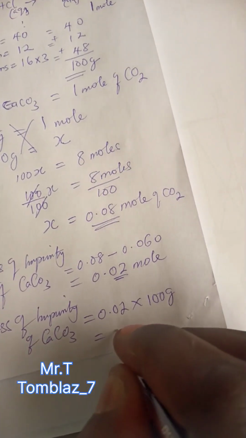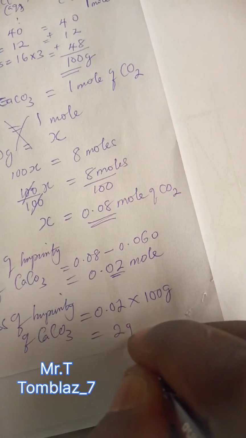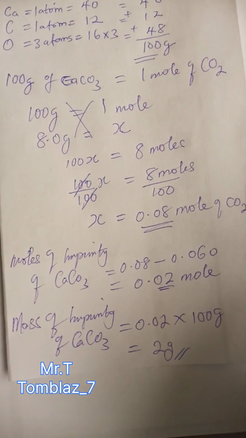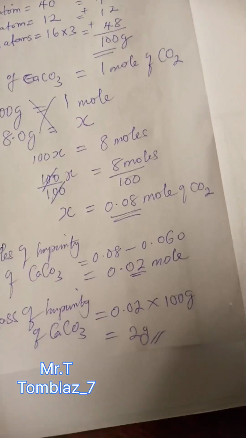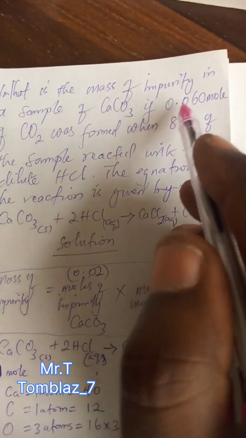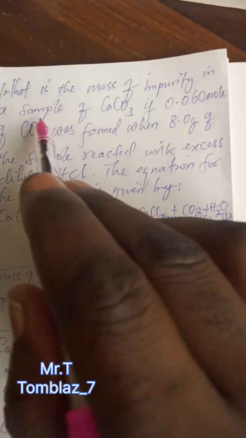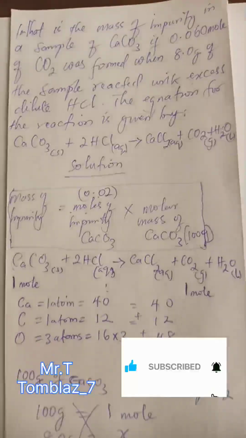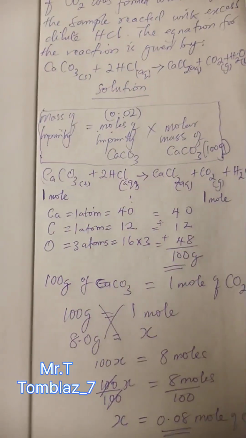So that gives us 2 grams. So that is the mass of impurity in the calcium carbonate when 0.06 mole of carbon IV oxide is formed when 8 grams of the sample reacted with excess dilute hydrochloric acid in this equation.